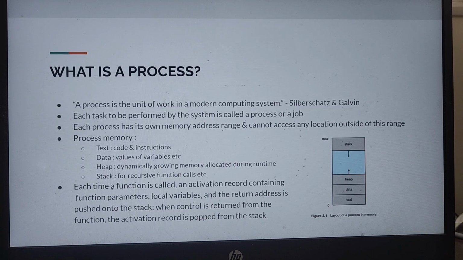Every process has specific things which it is going to do, for which it requires specific units of data from your computer memory. So it will be allowed to access specific locations of the memory, and the process cannot access any location outside of this range.